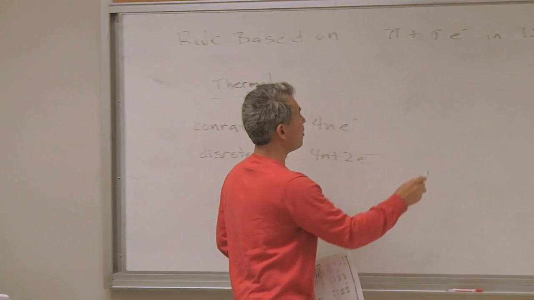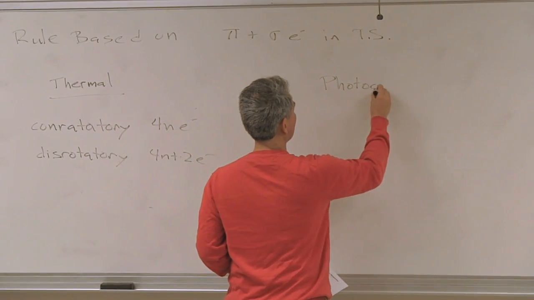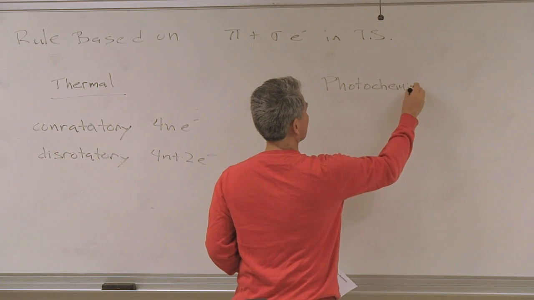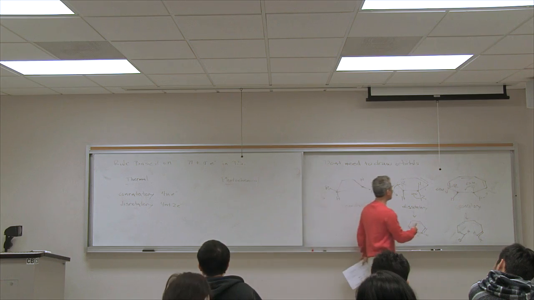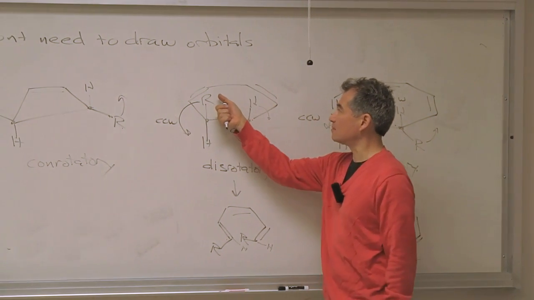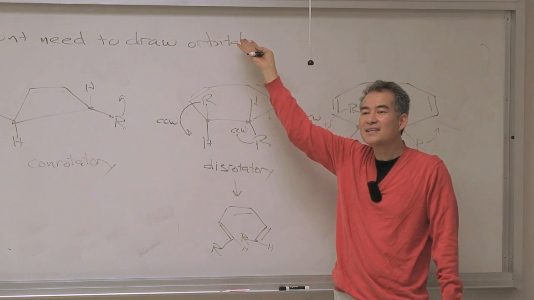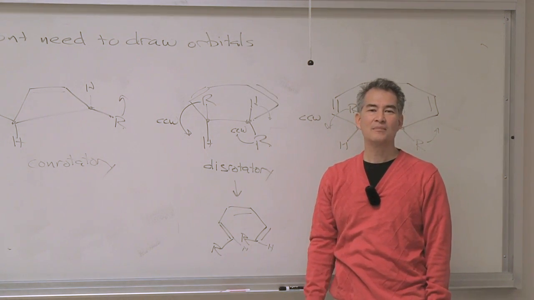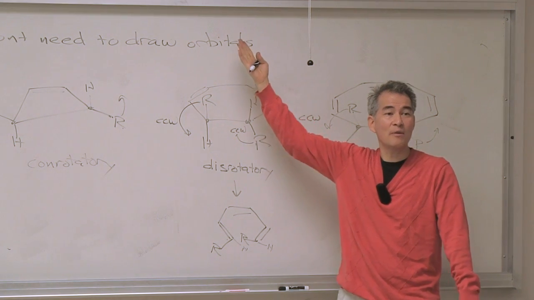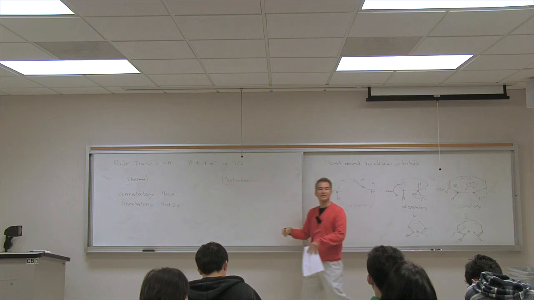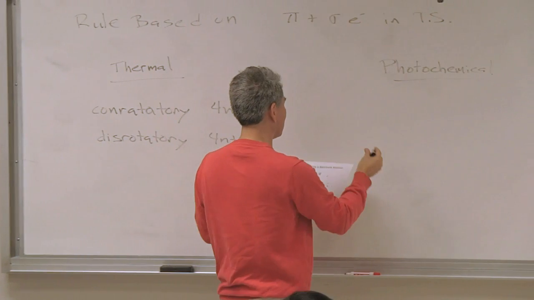And we have a very simple rule to predict this. It turns out that all of those rules get reversed if we go to a photochemical reaction. And why is that? If you pump an electron into one of these pi systems, you're going to push an electron into the next higher energy orbital, which then has the opposite phasing. Pushing an electron into a higher energy orbital means we need to draw the next higher energy orbital because it's now occupied. And you reverse the phasing. So all of these rules will be reversed.